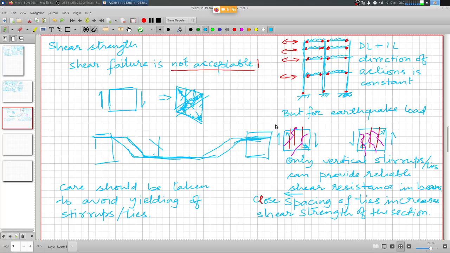Of course, we will look at the mechanism, how this is done, but you know that the nominal shear strength at a section comes from shear capacity of the concrete and shear capacity coming from the steel, right?